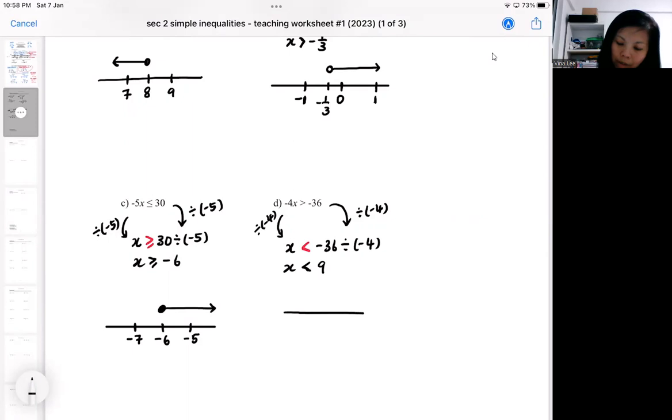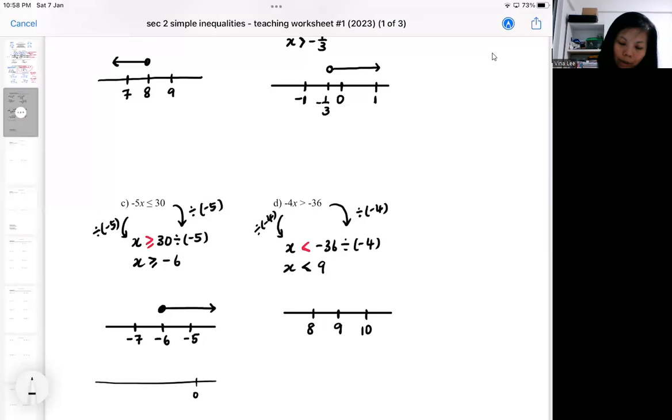So you draw a number line. Make sure you have the surrounding numbers. Make sure you draw the correct number line. Some people, their ordering can be wrong. So apparently this is 8, 9, 10. On the negative range, please be careful.